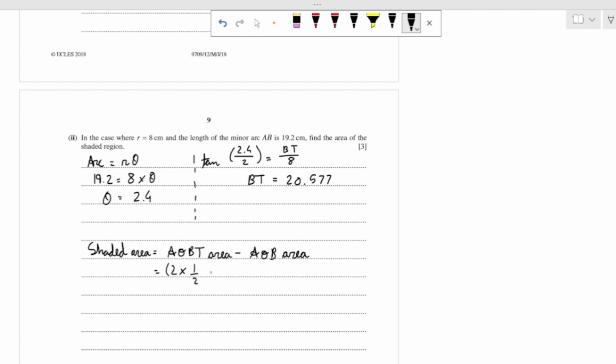The base into height multiplied with 1 by 2. 1 by 2, 8 into 20.57, that would be the sides of the half triangle, multiplied with 2, that would give us the whole area of AOBT. And AOB area, that's a sector. So for sector it would be 1 by 2 r square theta. R in this case was 8 square and theta 2.4. When we simplify this, we would get our answer as 87.8 centimeter square, and that is the area of the shaded region.